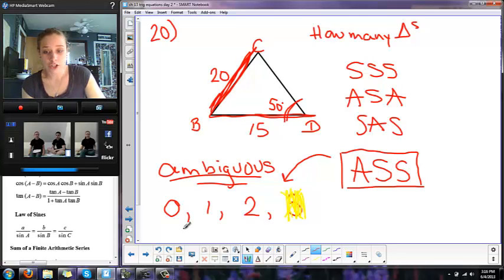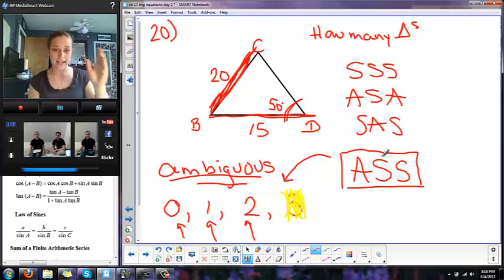In fact, you might have no triangle, or there might be 1, or there might be 2 possible triangles that could be formed. So whenever you read a question that says, how many different triangles can be constructed? It's the ambiguous case. It's angle, side, side. And I'm going to show you exactly what to do when you run into questions like this.